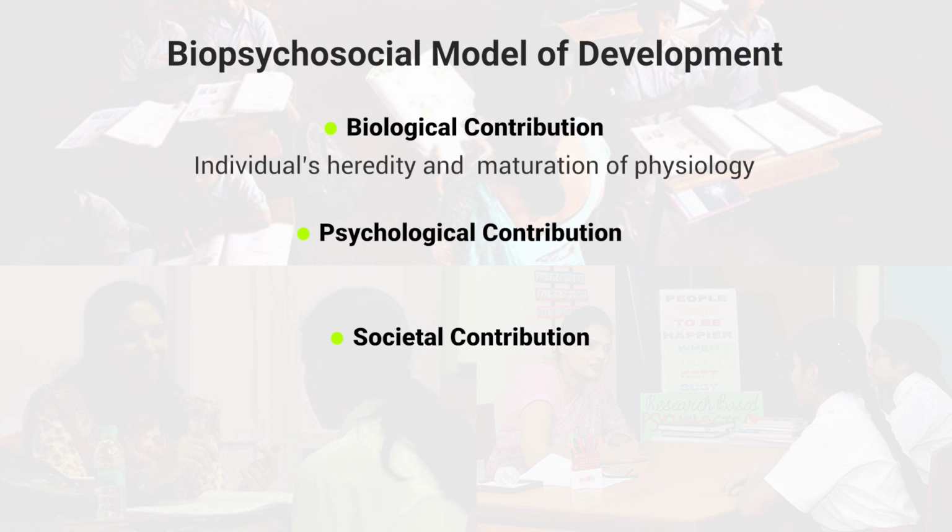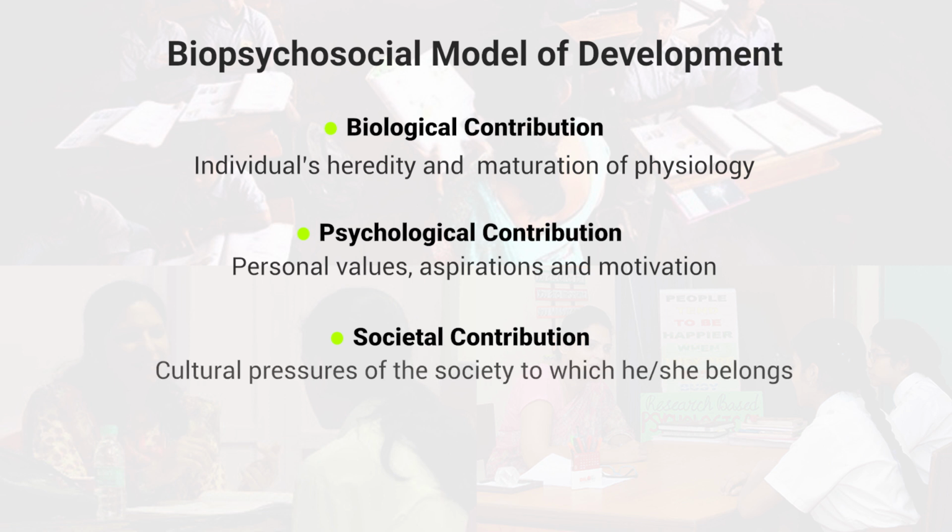Individuals' heredity and maturation of physiology is what we call biological contribution. The personal values, aspirations, and motivations encompass psychological contribution, and the cultural pressures of the society to which he or she belongs become the societal contribution.